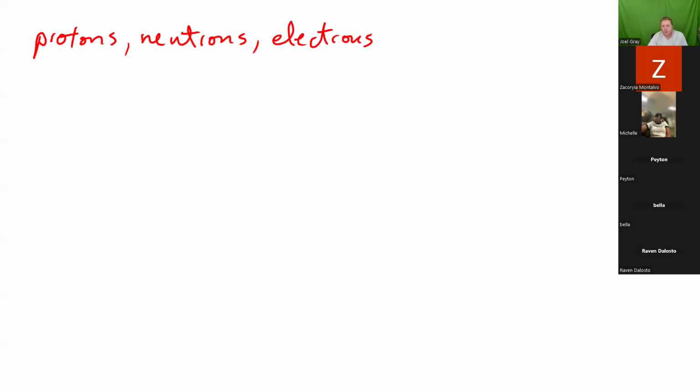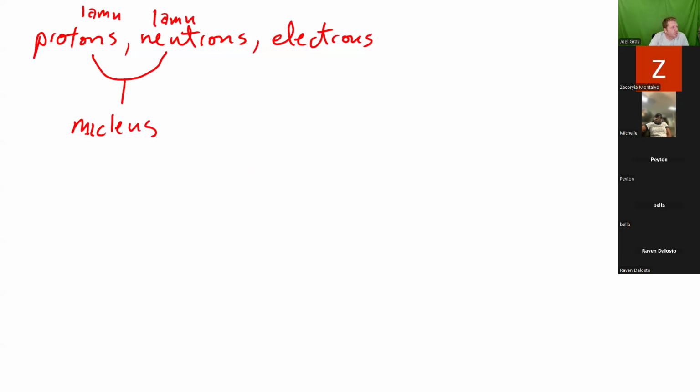Among those protons, neutrons, and electrons, we've got them all arranged. The protons and neutrons make up something known as the nucleus. And those each have a mass. Protons, 1 atomic mass unit or 1 AMU, and neutrons, 1 atomic mass unit.